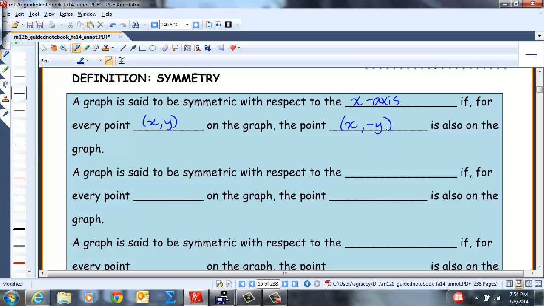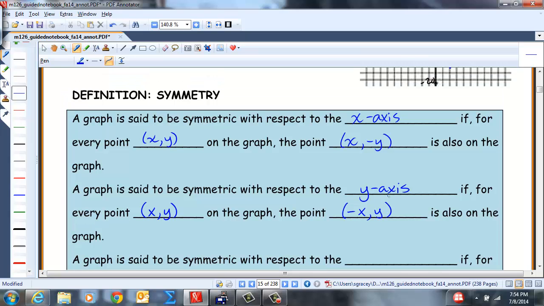And we have examples of these coming up. A graph is said to be symmetric with respect to the y-axis if for every point x, y on the graph, the point negative x comma y is also on the graph.